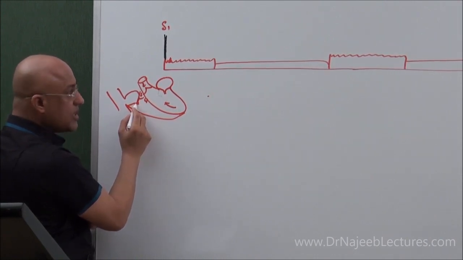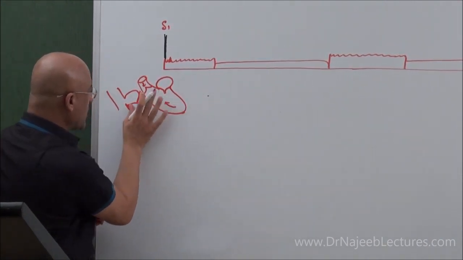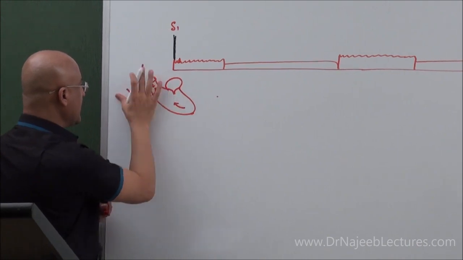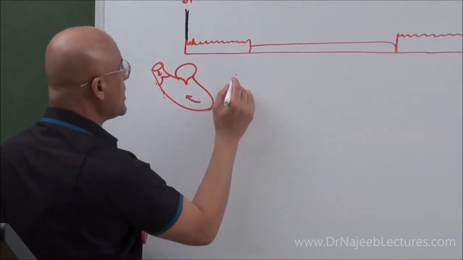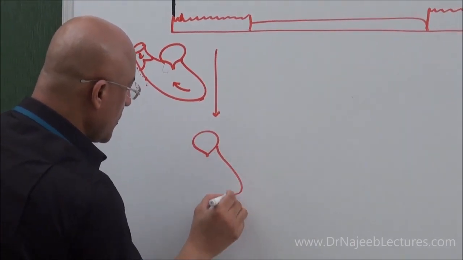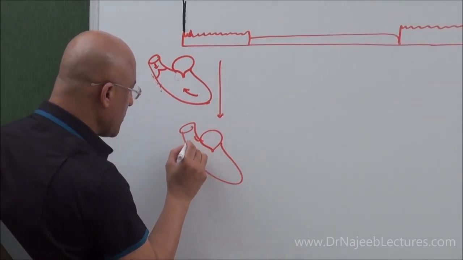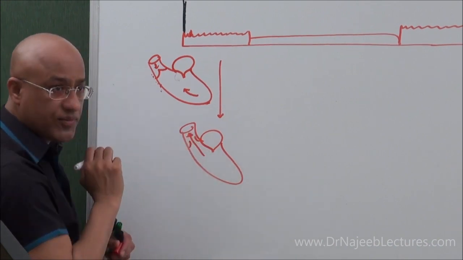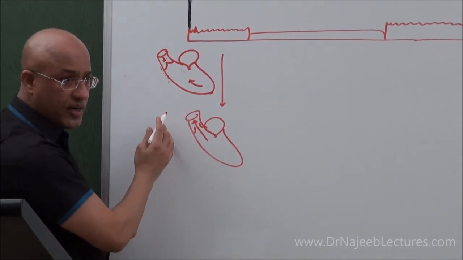If I draw only the left side, then at the next stage the aortic and pulmonary valves are open and blood is being ejected into the major arteries.